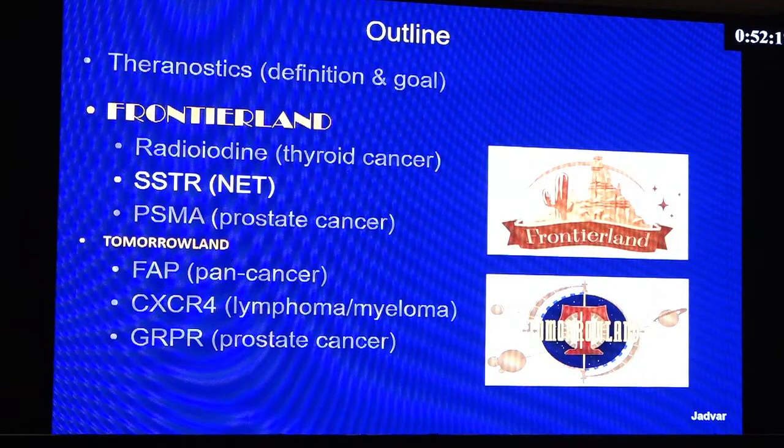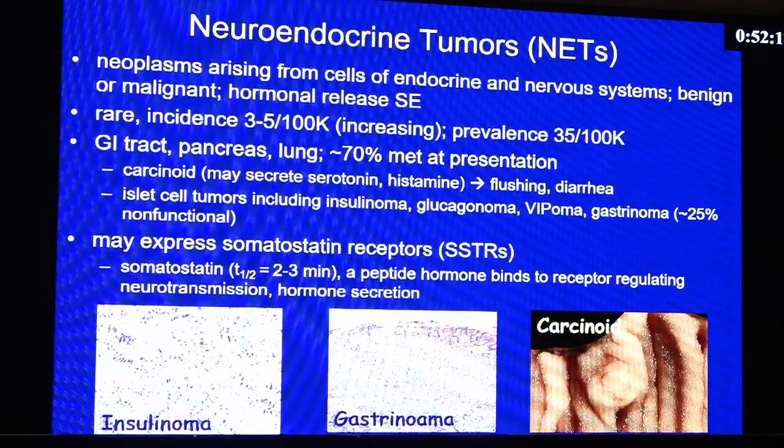So let's quickly move on to SSTR, somatostatin receptors and neuroendocrine tumors. Again, this is an area that is very active. It is approved and used at many centers. These are neoplasms of the cells of endocrine and nervous system origin. They can be benign or malignant. Some of them release hormones, and that's why patients have symptoms.